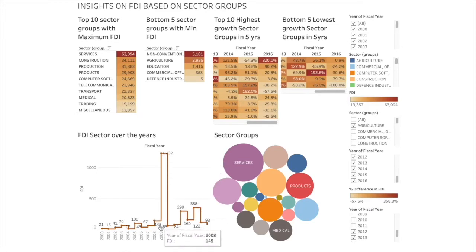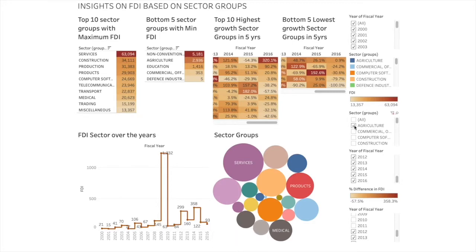This tells that in 2009 there was a very huge investment in agriculture, but I don't know what happened, it declined in 2010, and then it was slowly increasing and reducing. 2016, I think it recorded the least FDI, which was 93.